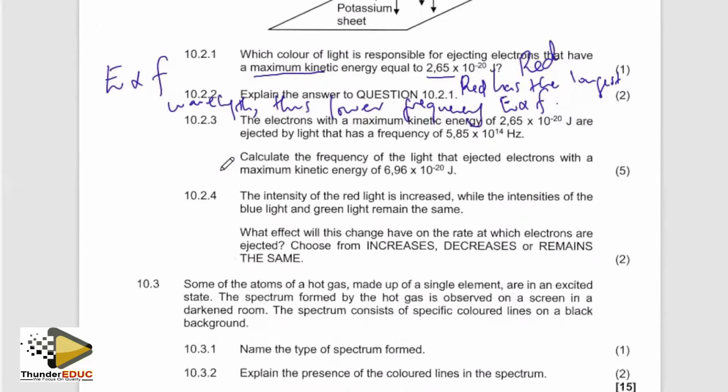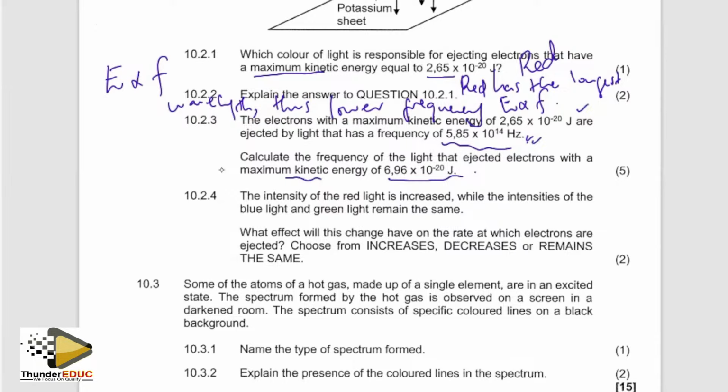All right, then 10.2.3. They're telling us the electrons with a maximum of 2,65 are ejected by light having this much frequency. Calculate the frequency of light that ejected electrons with the maximum of this much.